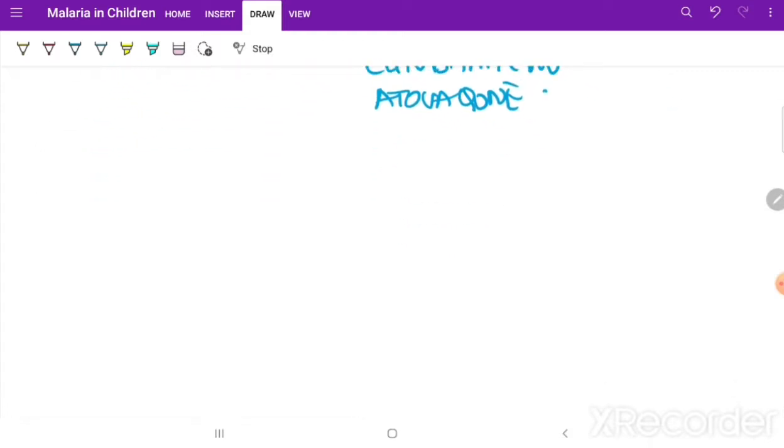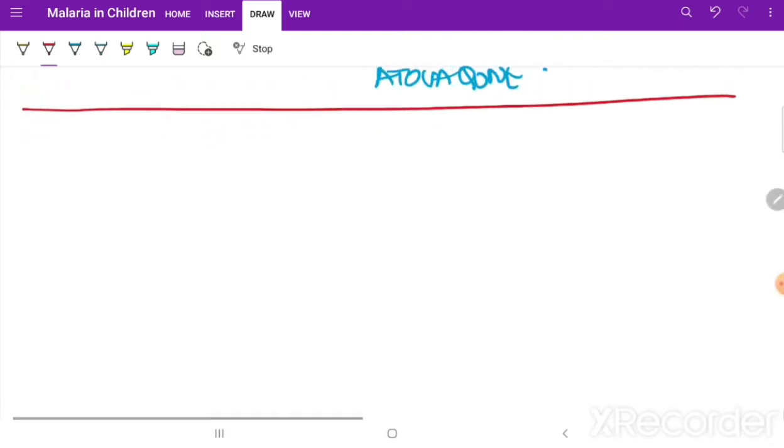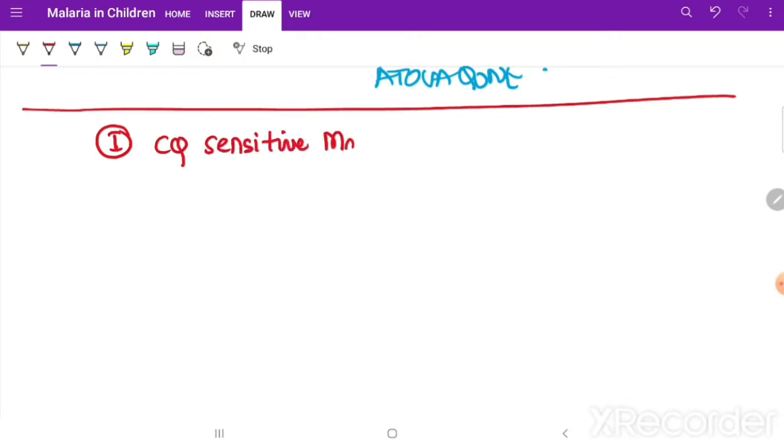Now coming to treatment per se, the regimens. Okay, I'll be talking with you about 3 to 4 regimens. So number 1 regimen, this is the recommended treatment in chloroquine sensitive malaria.